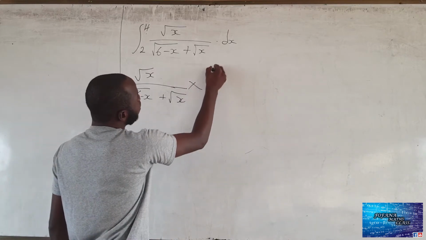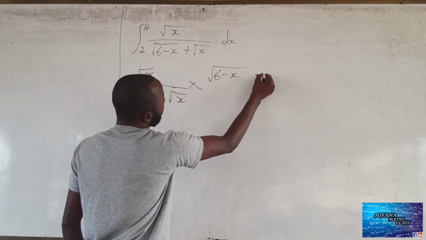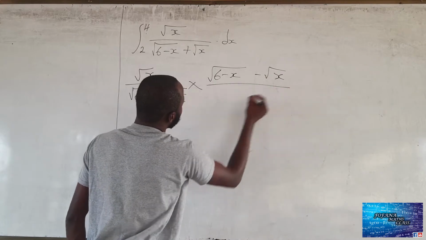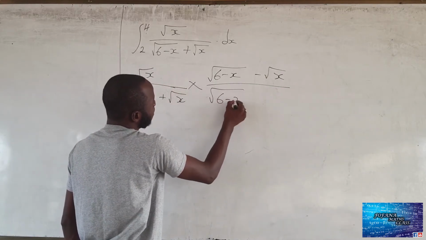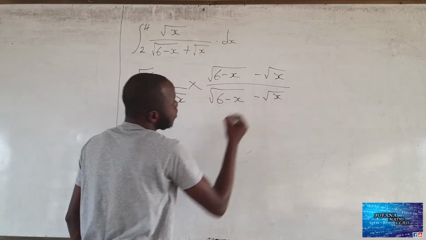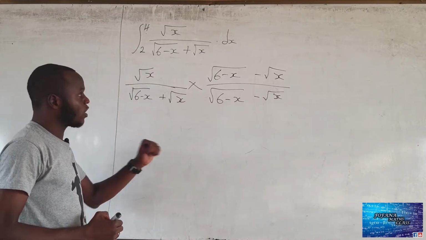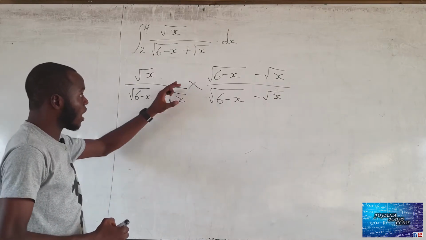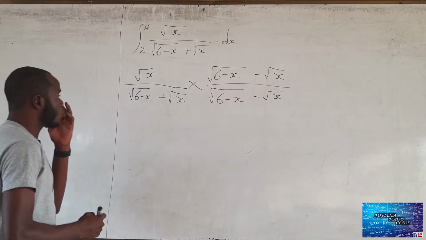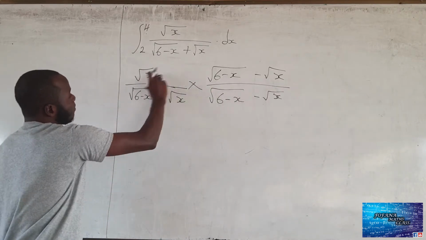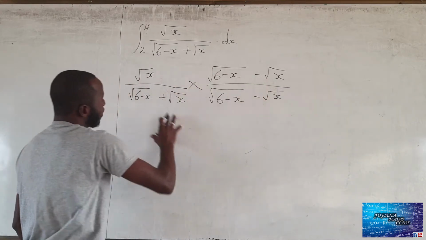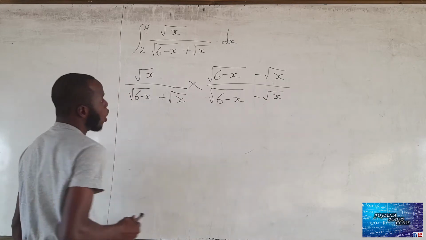So now we have the conjugate, root 6 minus x minus root x, over another root 6 minus x minus root x. This is the first part of the surd if you are rationalizing. Remember, we are rationalizing, okay? So now you multiply this by that, and the same thing happens to the numerator.